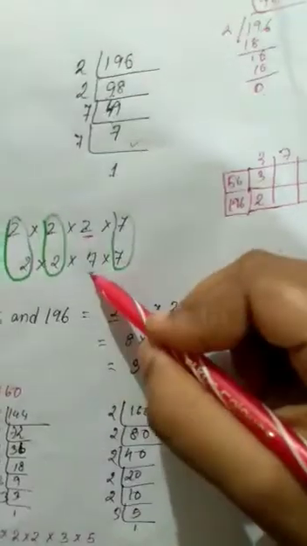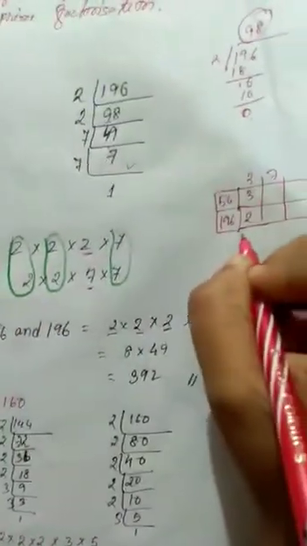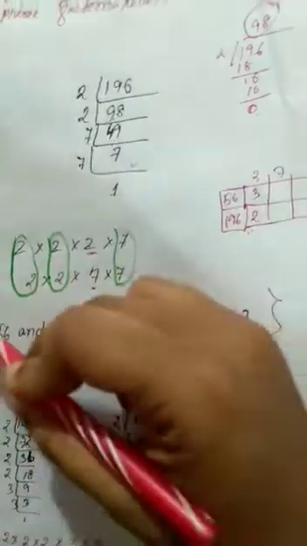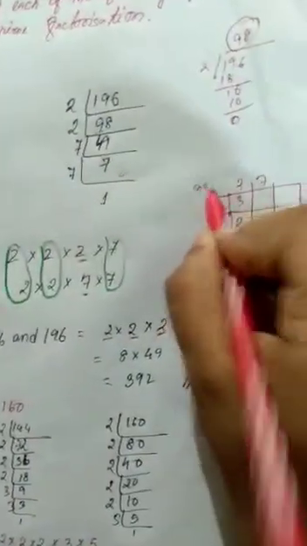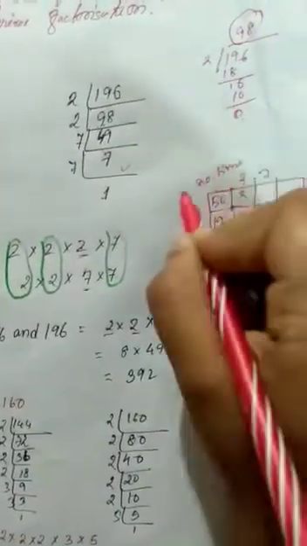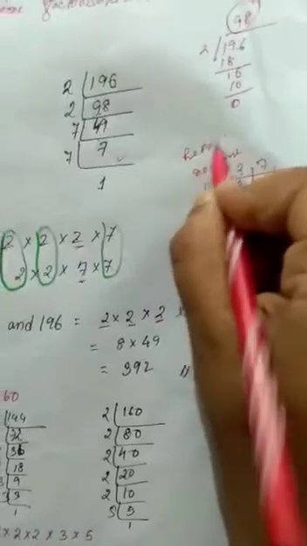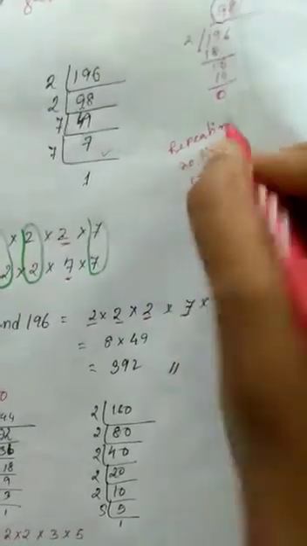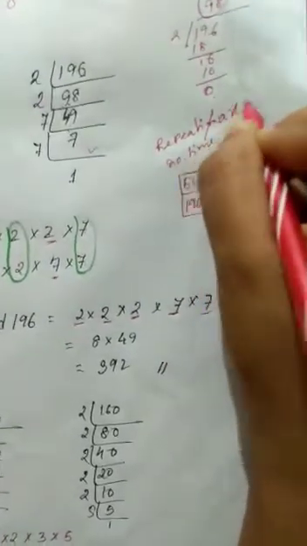Now 7, you can see how many times it's coming? It's a number of times that it's repeating. We have to look at the repeating, or the maximum number of times.